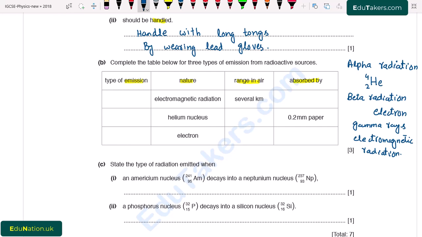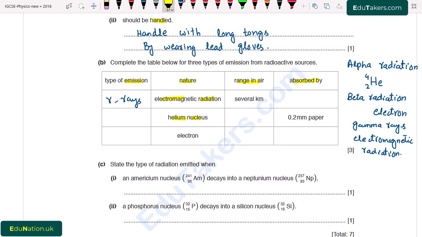Accordingly, we have to fill the table. First of all, in the table, there is electromagnetic radiation. So, which radiation is just like electromagnetic radiation? It is gamma rays. So, I write here gamma rays. Second one is helium nucleus.